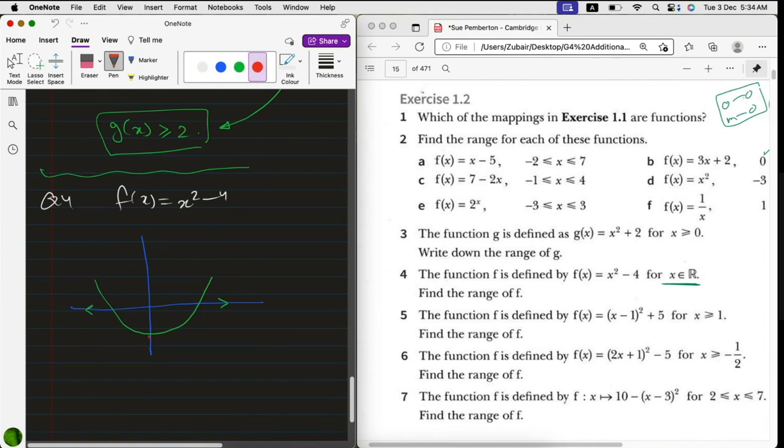It could be seen from the graph and from the curve as well that the lowest value is minus 4. So f of x, the lowest value is minus 4, and to the right and the other values, it just keeps on rising. So this is the range for the given particular domain.